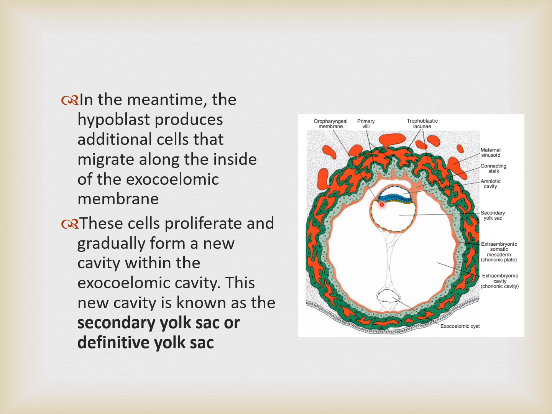Later on, the hypoblastic cells produce another number of cells and form the exocoelomic membrane. With the formation of the exocoelomic membrane, the primitive yolk sac is converted into the secondary or definitive yolk sac.